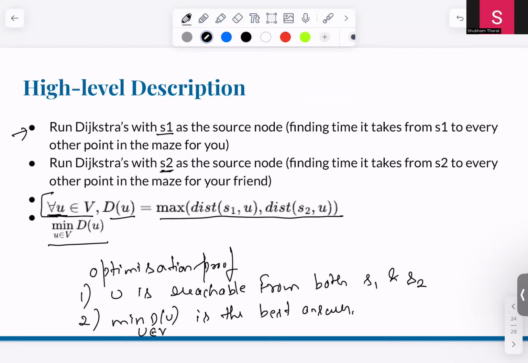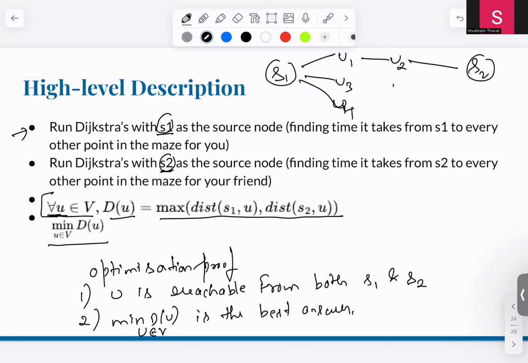You run Dijkstra's only from S1 and S2. So let's say you have a graph like this, S1 and S2, and you have these vertices here. Something like this. Once you run your Dijkstra's from S1, you know the minimum time it takes to reach this particular point U1 from S1.